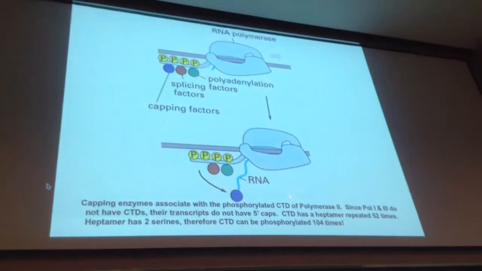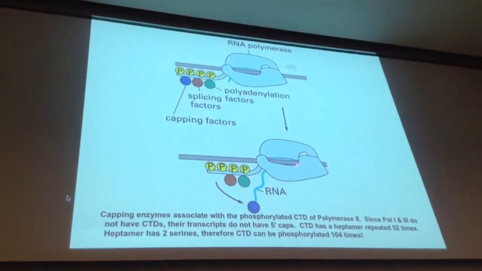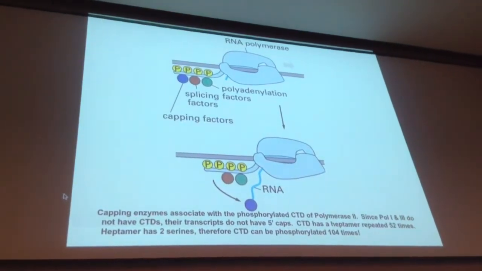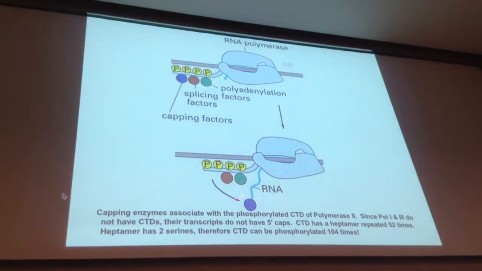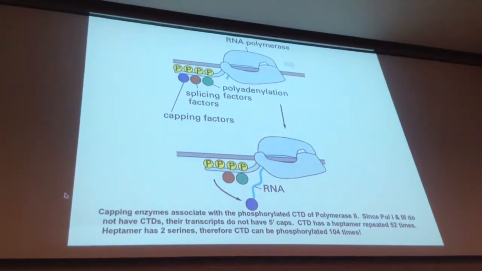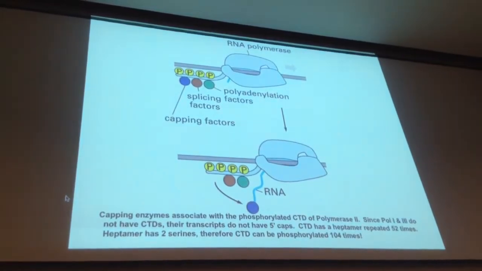So, as RNA transcription or elongation begins, the very first thing that happens is the RNA is modified. Messenger RNAs are modified by a cap that's put on the 5' end of the RNA, the 5' 7-methyl guanosine cap.